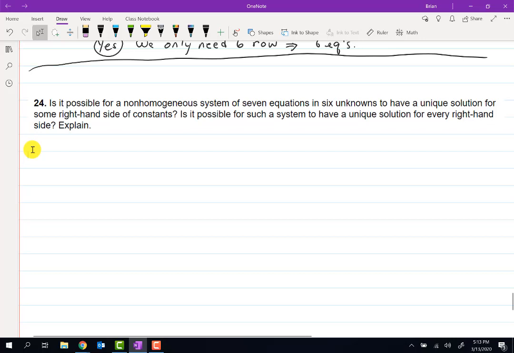Next, is it possible for a non-homogeneous system, so we're going to have AX equals B. B is not the zero vector since it's non-homogeneous. A is in M 7 by 6.